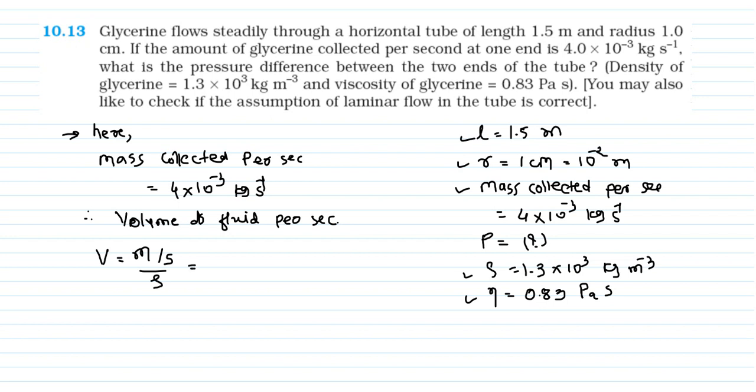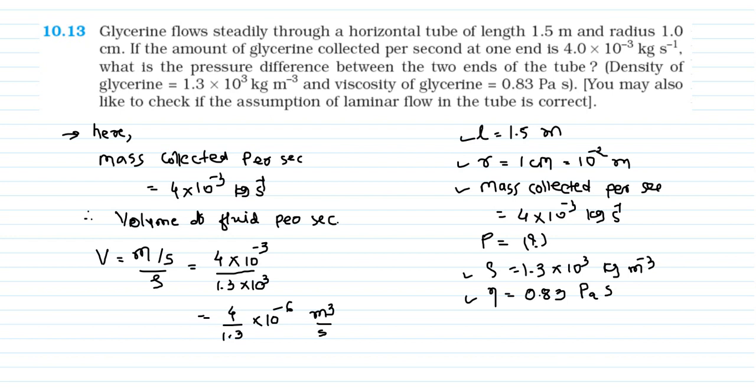What is the mass per second? 4 into 10 raised to minus 3, and density is 1.3 into 10 raised to 3. So here you can say it is 4 upon 1.3 into 10 raised to minus 6 meter cube per second.